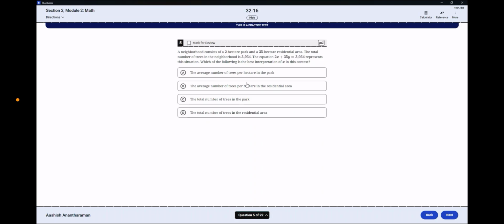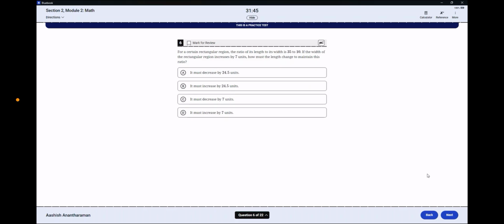So if 2x is the total trees in the park, and we already know it's 2 hectares, then x is going to be the average number of trees per hectare in the park, because we're only concerned with the park here. That's 2x in total, the total number of trees, and we're dividing by 2, so it's going to be the average.